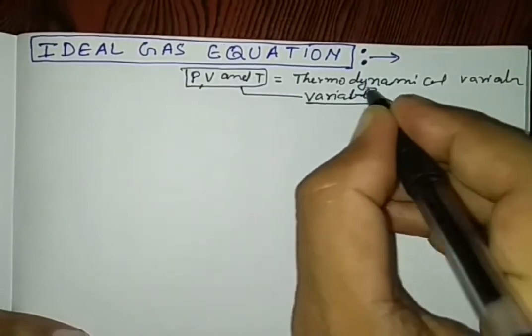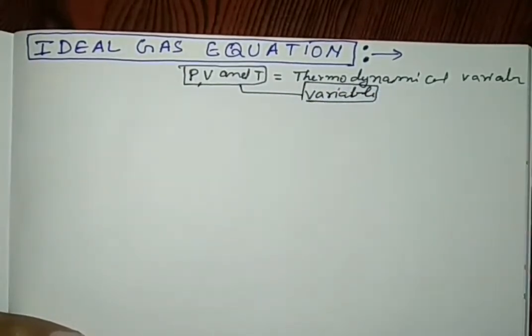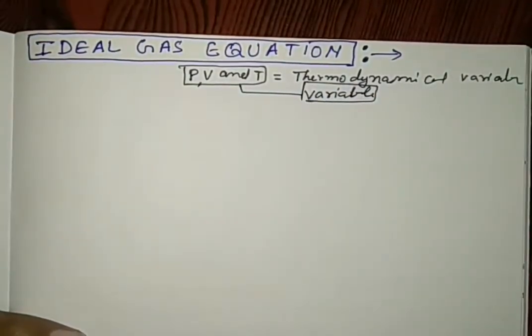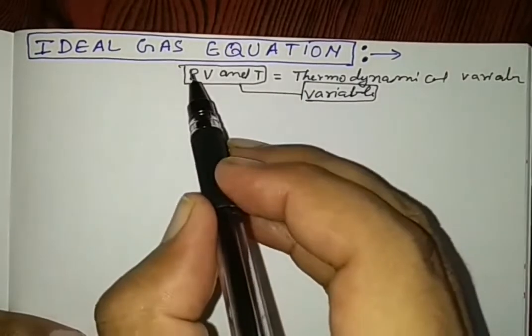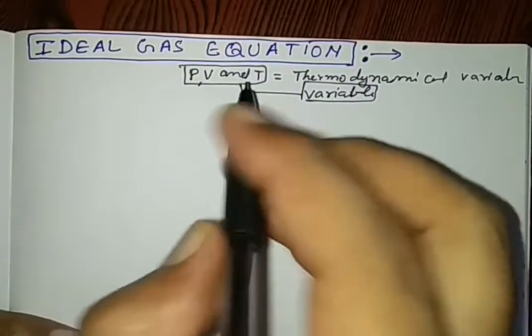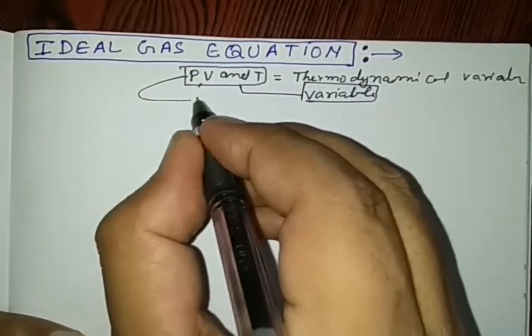Whereas in Boyle's law temperature is a constant and in Charles' law pressure is a constant, here all three are free to change.